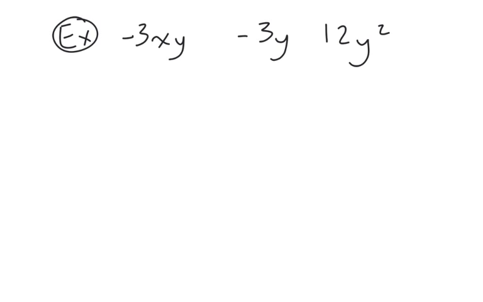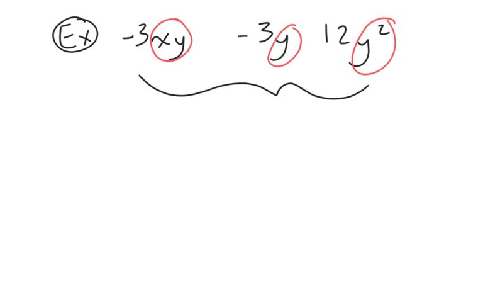Here we have xy, here we have y, and here we have y to the power of 2. You'll notice that the variables and exponents for each of these 3 terms are completely different. They are not the same. Therefore, these 3 terms would be considered unlike terms.